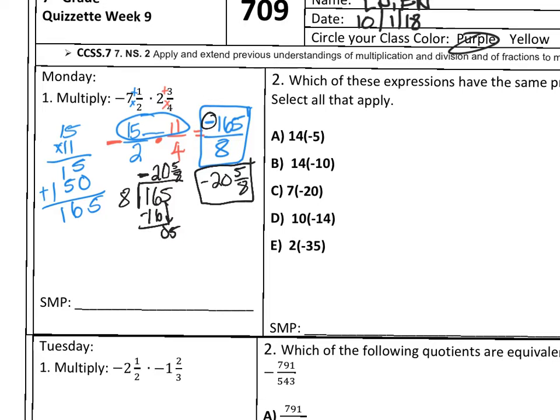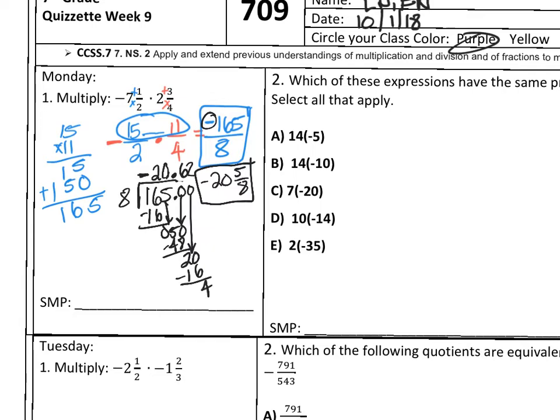Now I want to find the decimal. If I want to find the decimal, I'm going to erase this part right here, and I'm going to do the decimal right here. So I'm going to put a decimal, bring the 0 down. How many times does 8 go into 50? Let's see, 8, 16, 24, 32, 40, 48. So that's 6 times 8 is 48. And then bring down another 0. 8 goes into 20 2 times, which is 16.